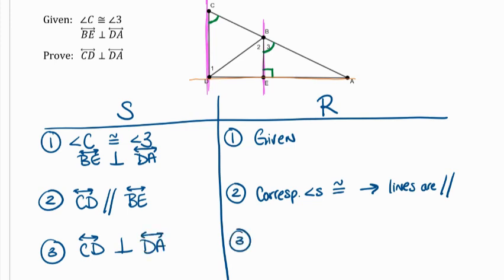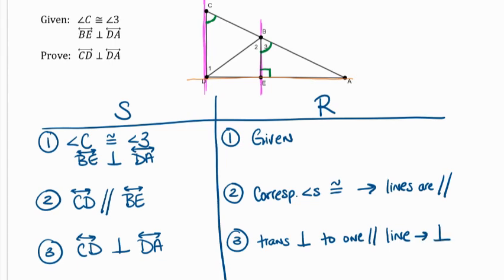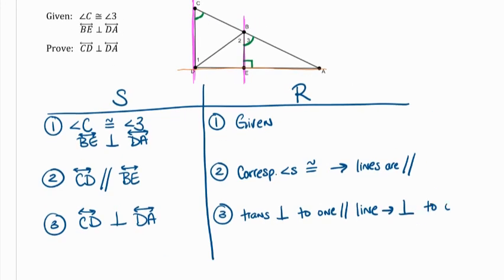And here our reason would be that if we've got a transversal that is perpendicular to one parallel line, then it's perpendicular to the other. And a lot of these theorems, as long as you write it in a way that makes sense, if you don't remember the exact words that I write down, that's totally fine.